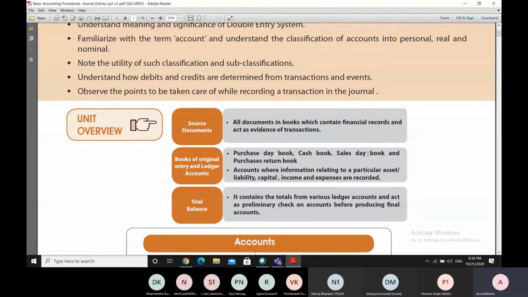when we say ledger accounts, those are the accounts where information relating to a particular asset or a particular liability or a particular capital amount or income and expenses are recorded.